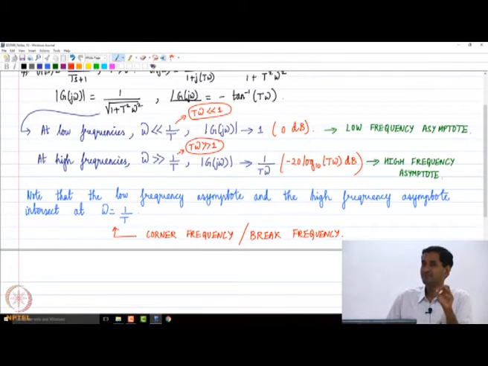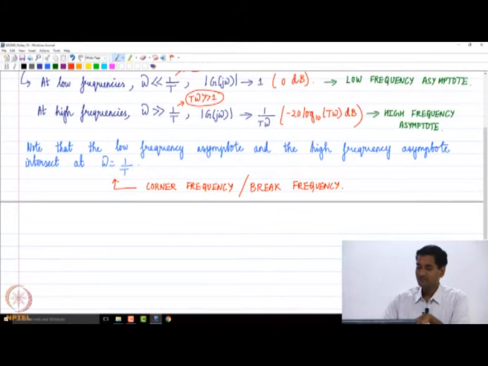That is a very common place where people make a mistake, because typically we talk about frequency in hertz, but omega is 2 pi f. So you need to convert the frequency given in hertz into radians per second. Please remember that when you do practical problems. So this is what is called a corner frequency or a break frequency, okay, is it clear?